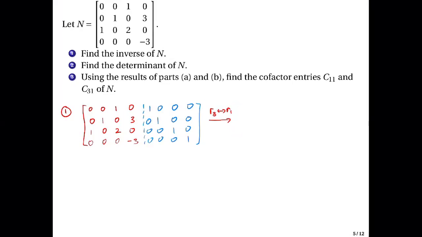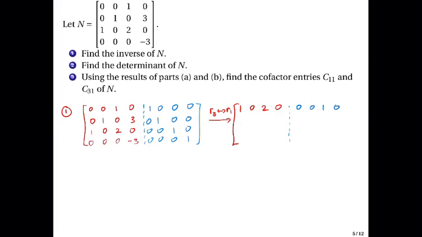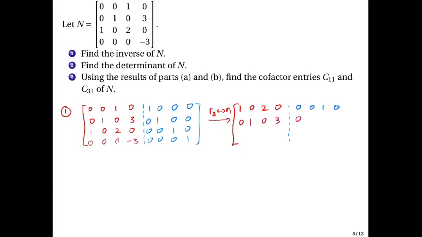If we do that, we will have 1, 0, 2, 0, and then in here we have 0, 0, 1, 0. For the second row, we'll just copy: 0, 1, 0, 3, 0, 1, 1, 0.